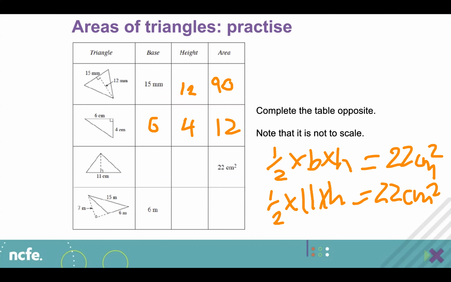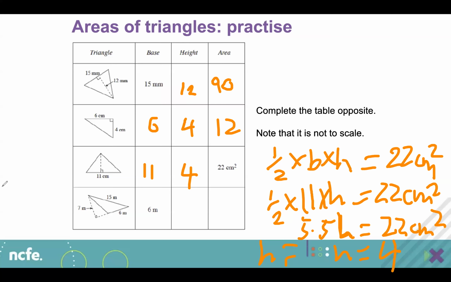So all we need to do now is half times 11, and then divide, so h equals 4. So the base is 11 and the height is 4.